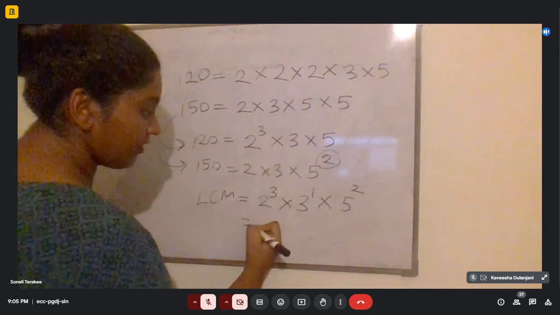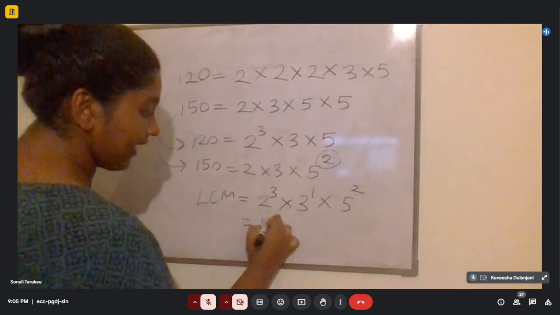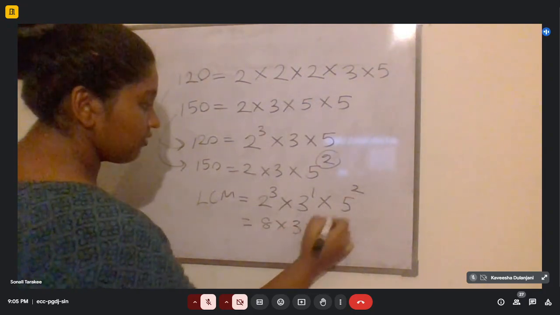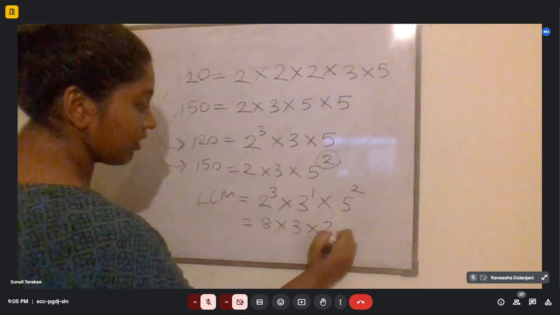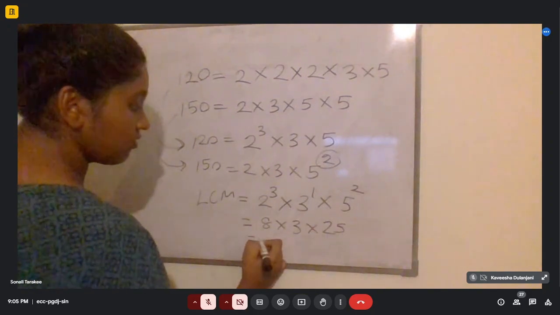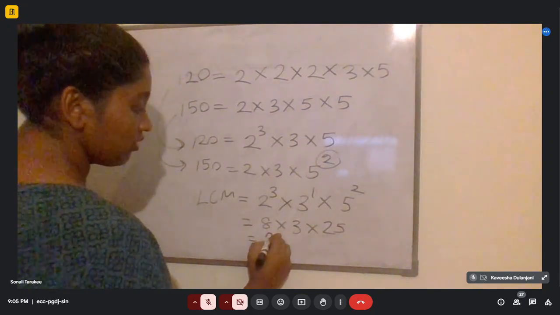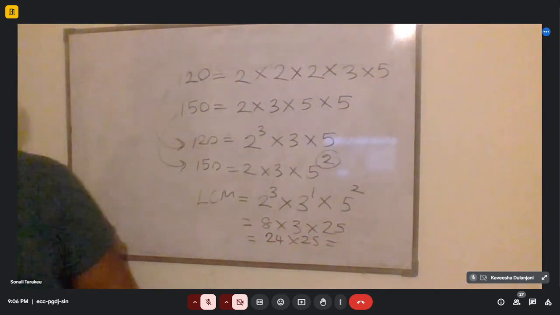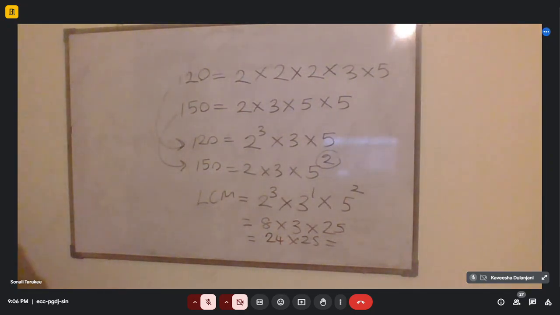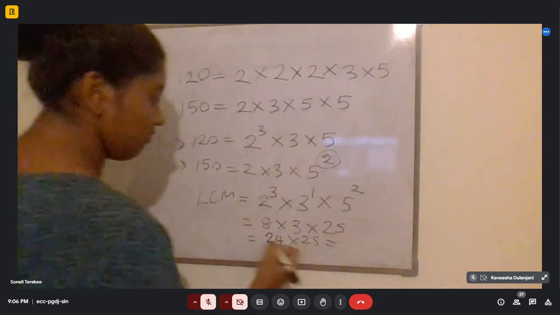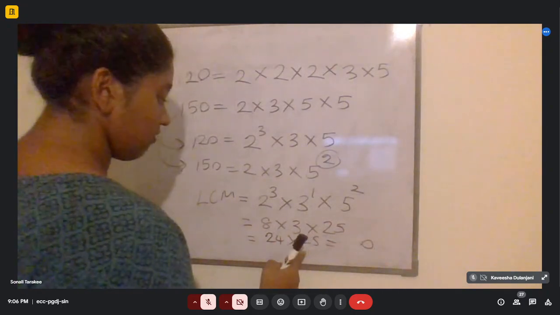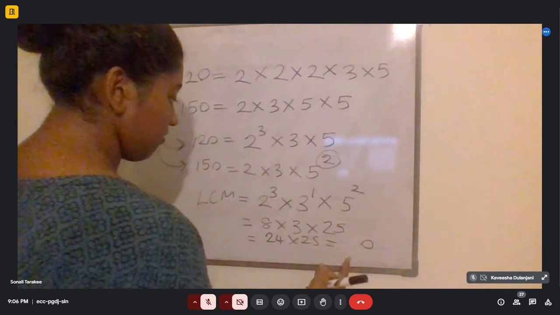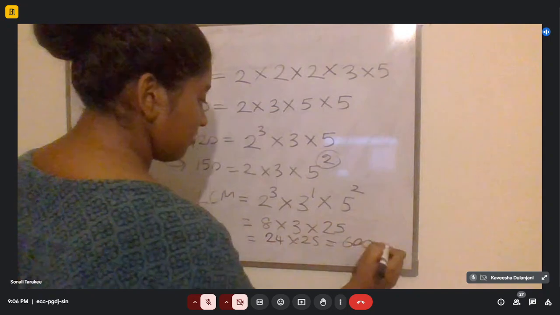So once you simplify this one, you get 2 to the power 3, 8 into 3 into 5 times 5 to the power 2 is 25. So 24 times 25. You get 600.